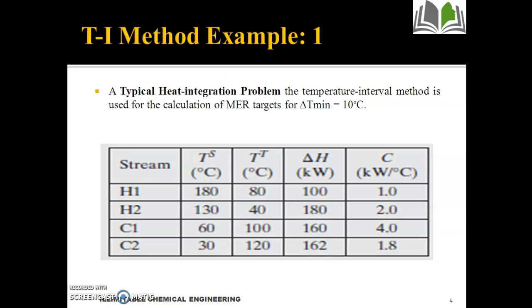The target temperature is also given. Delta H can be calculated by C into delta T: 180 minus 80 into 1, that is 100, which we have already seen in the last lecture.